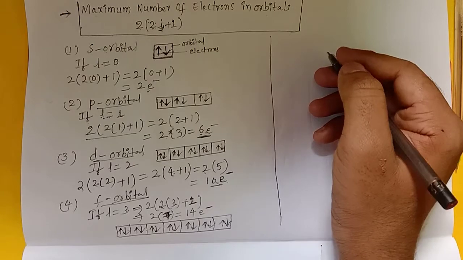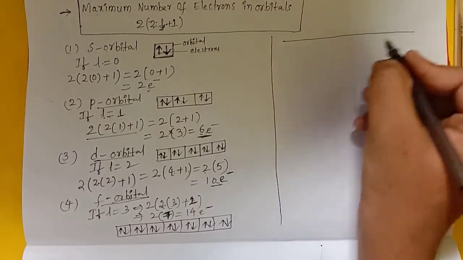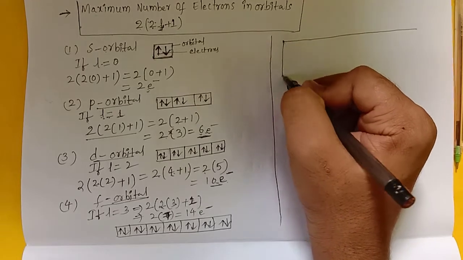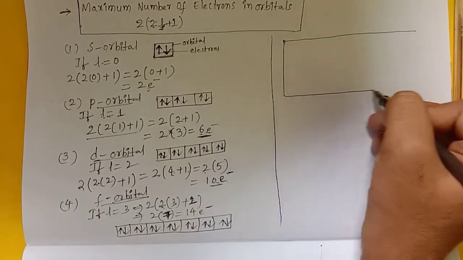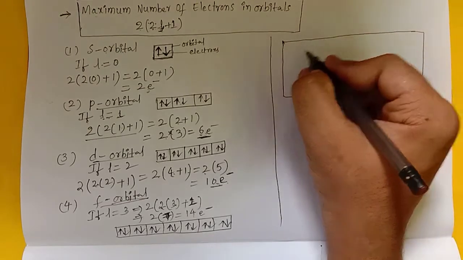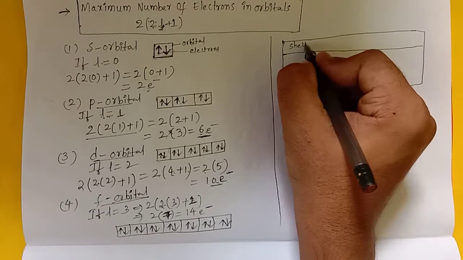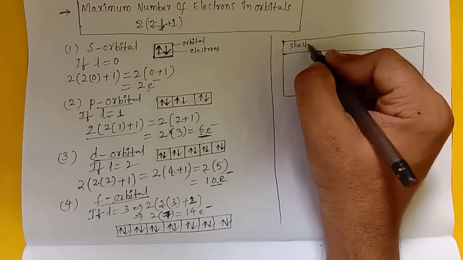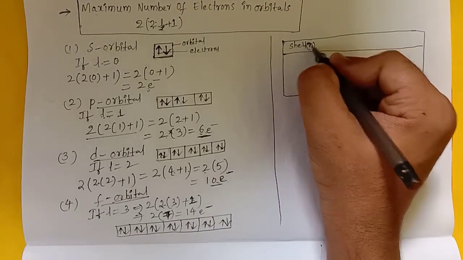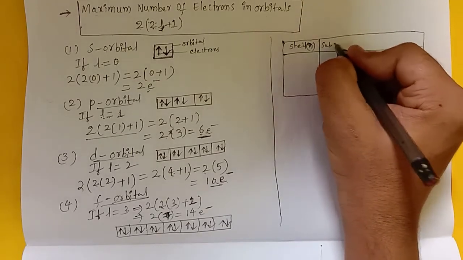So let us discuss the tabular form here. Very important table. You have to learn the table. So you need to note down the table here. Shell means n we have to consider, and next to it subshell.